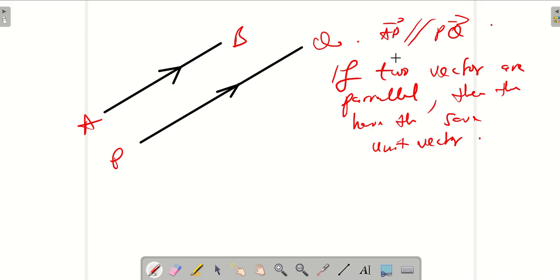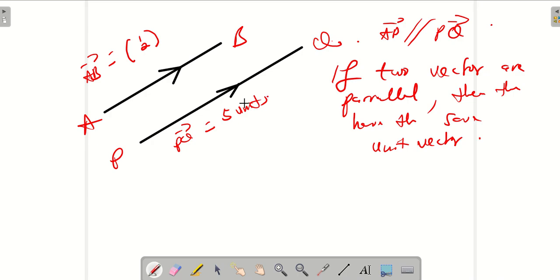What it means is that I can give you vector AB to be, let's say, (1, 2). Are you following? Then I can tell you to find vector PQ. Let's say the magnitude of PQ is 5 units.